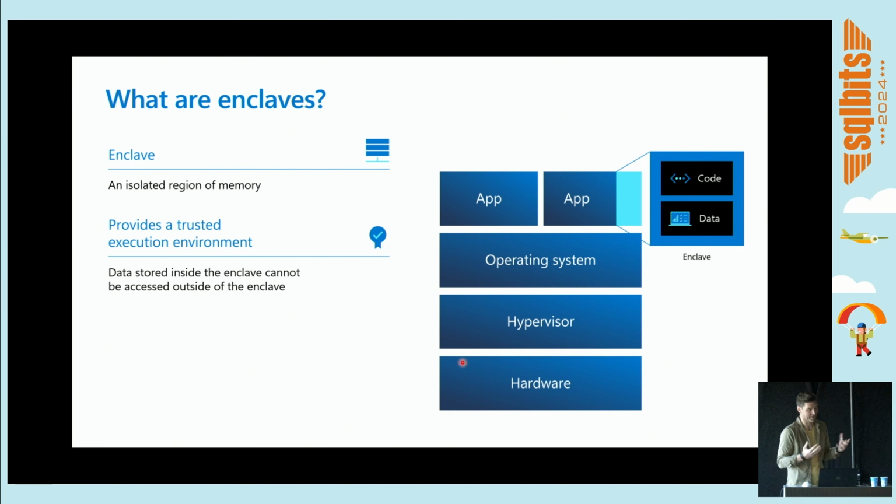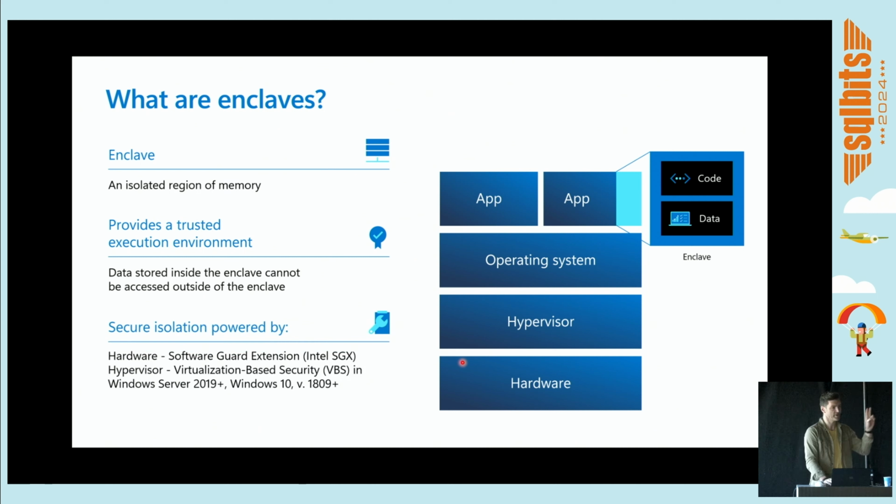Now, what is an enclave? I already explained it's an isolated region of memory inside your server that can be used to safely decrypt information. Now, how can we make sure that that enclave is secure? There are two ways to do that. You can do it by using specific hardware, and that's what we call Intel SGX, or Intel Software Guard Extensions.